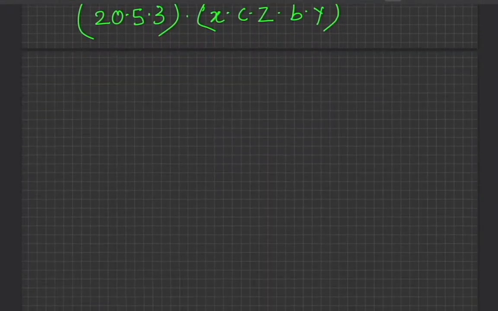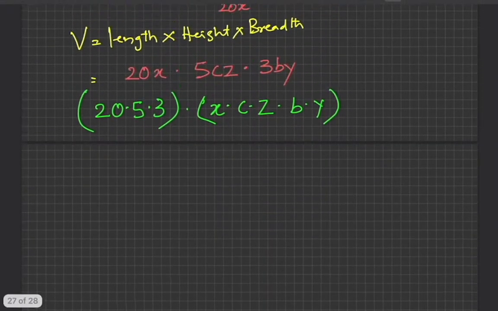So all are basically different variables. So we just multiply the numerical coefficients. So it is 5 times 10 is 50, times 2 is 100, 100 times 3 is 300. Right? And then x times c is xc. xc times z is xcz.